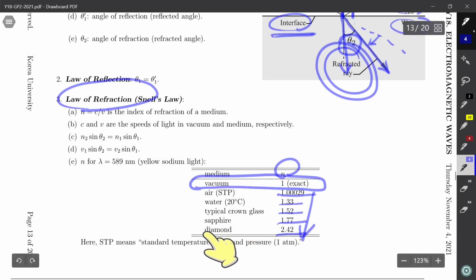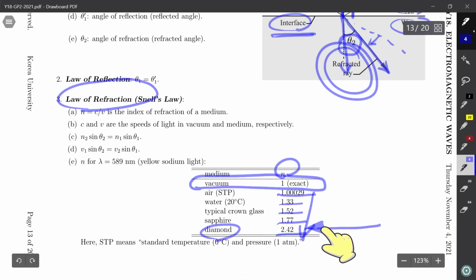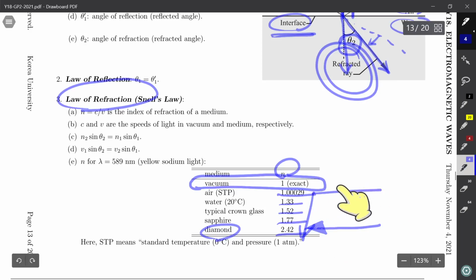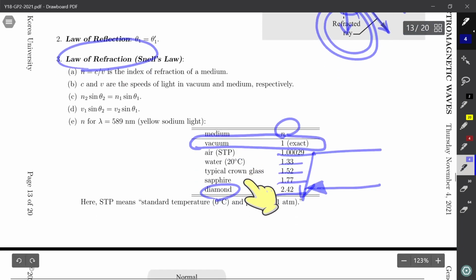For example, in diamond, a very dense material, the speed of light decreases a lot. In air, it is very similar to the vacuum, but anyway, it is slower than the speed of light in the vacuum.